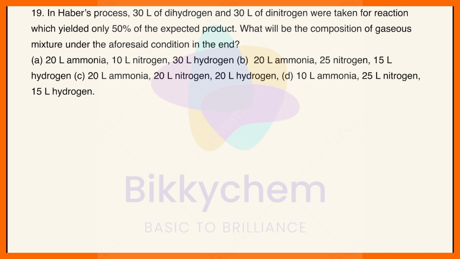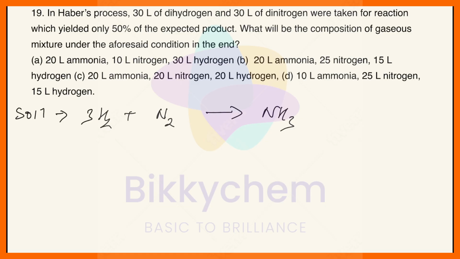So what will be the composition of the gaseous mixture under the aforesaid condition? So in this case, let's see first the reaction of hydrogen and dinitrogen. The Haber process is generally used for the production of ammonia. So we react the hydrogen with the nitrogen to give ammonia.